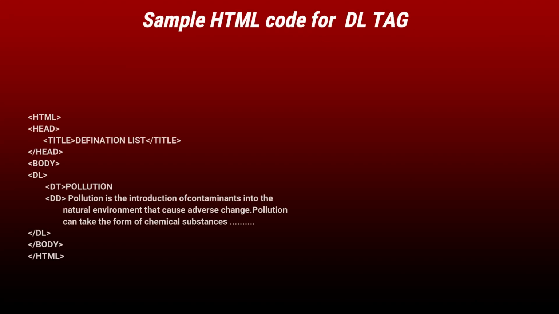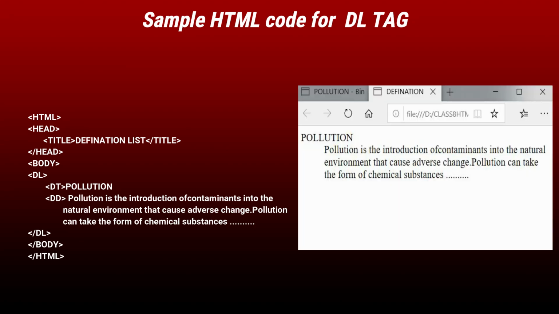This is the sample HTML code for the definition list tag. Under the DL tag, we have the DT tag, where I have written pollution. Pollution is the definition term, and the definition of pollution is written under the DD tag. Then I have closed the definition list tag.